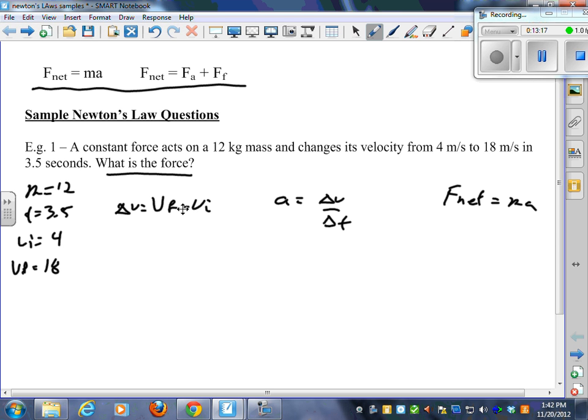Okay, so delta V is equal to 18 minus 4, which of course is not 12. It's 14. And now I'm going to take that 14, and where is it going to go? On top, for delta V, exactly.